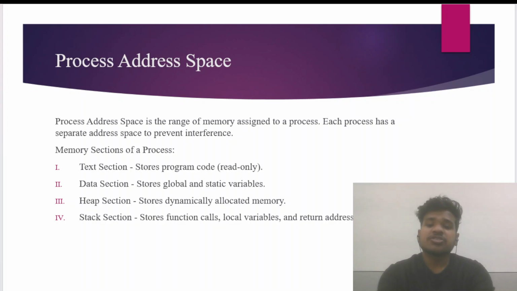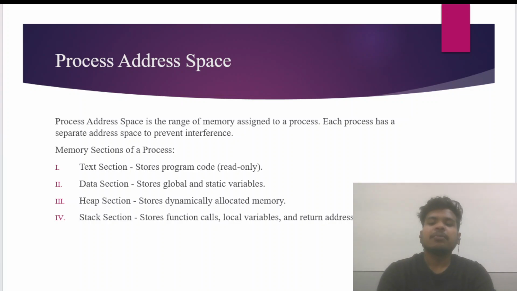If we look at the structure of the process address space, we have four sections. The main important one is the text section. As the name suggests, it contains the program code and is in read-only mode. You cannot modify it. Then we have the data section. It stores the global and static variables.